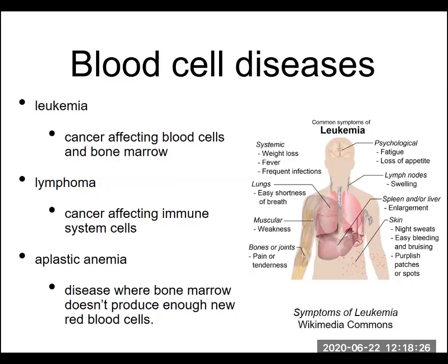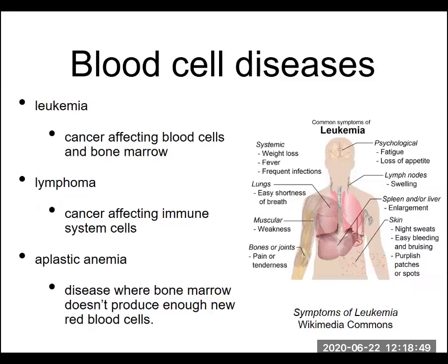Aplastic anemia is a disease of bone marrow where it doesn't produce enough red blood cells. And if you don't have enough red blood cells, you're not going to have enough oxygen being transported within the bloodstream. So in all three of these instances, we've got different disease processes affecting either the cells producing blood cells or the blood cells themselves.